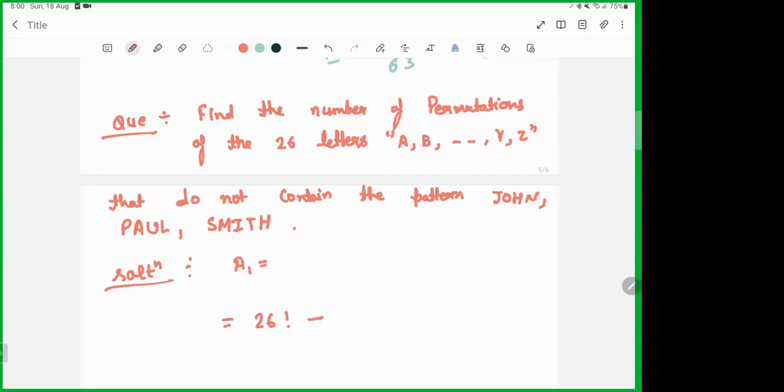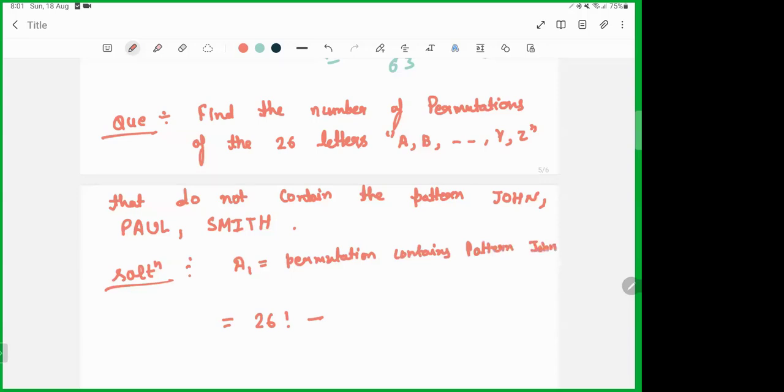So you are fixing A1 to be patterns which contain, or do not contain... We want to determine permutations that do not contain the pattern John. So which contain the pattern John? So you are saying A1 is permutations containing pattern John, right?